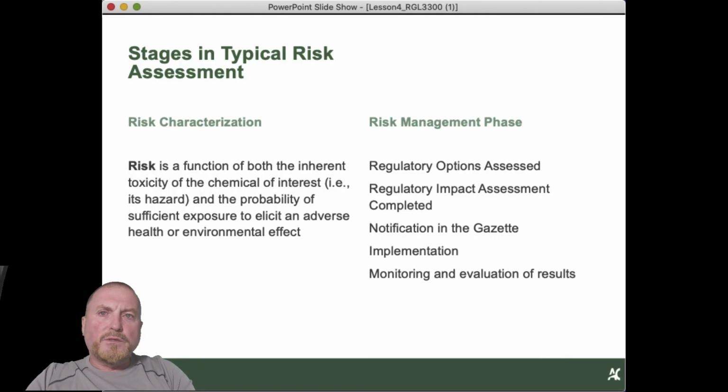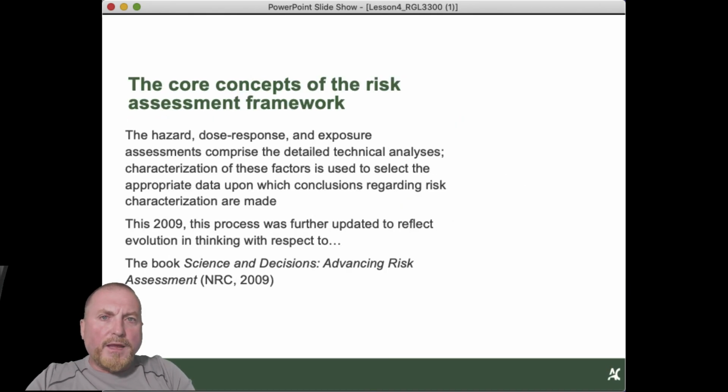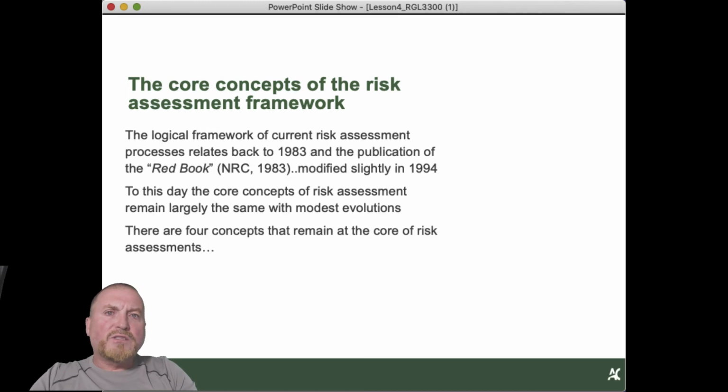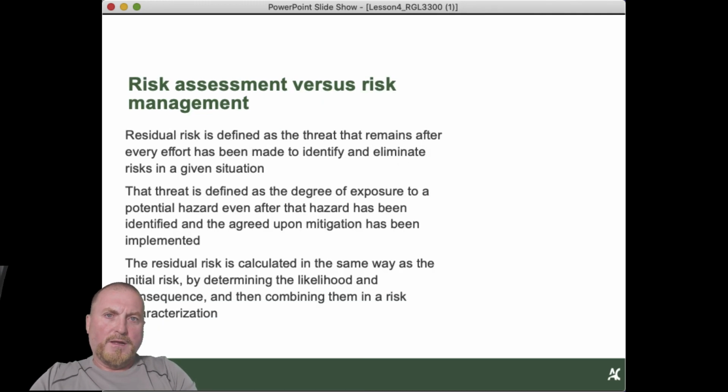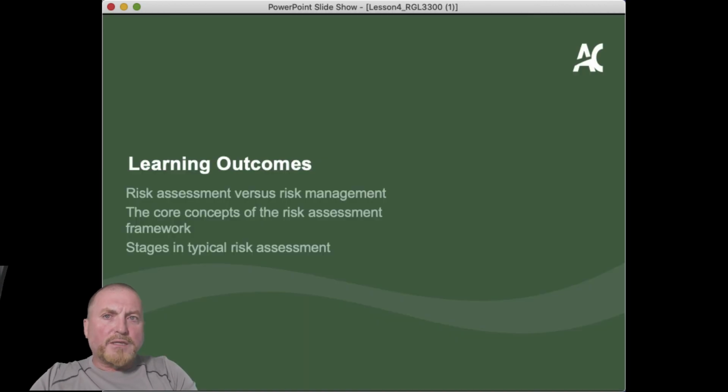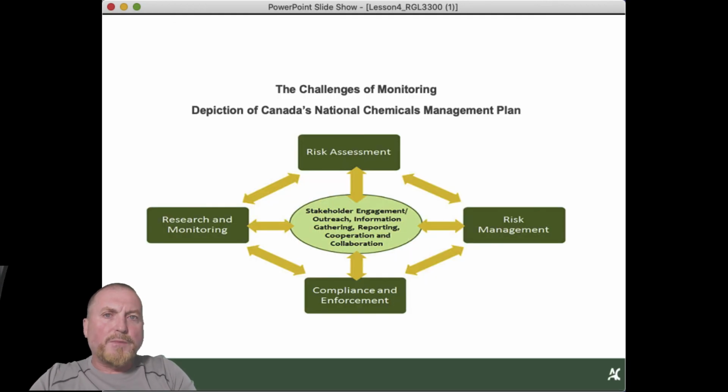So I want you to realize all the areas where, when we go through risk assessment and set up the risk management framework and so on, it's not possible, okay? Science can do a lot, but it's not possible for science to tell us in detail all the different scenarios for a hazardous chemical.